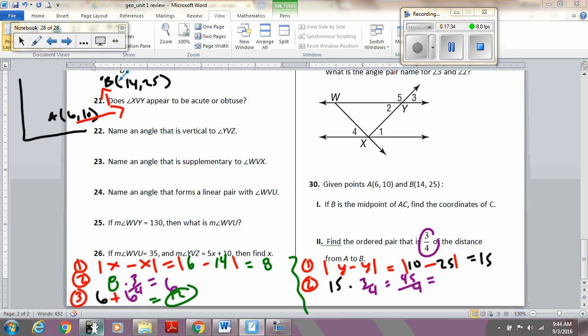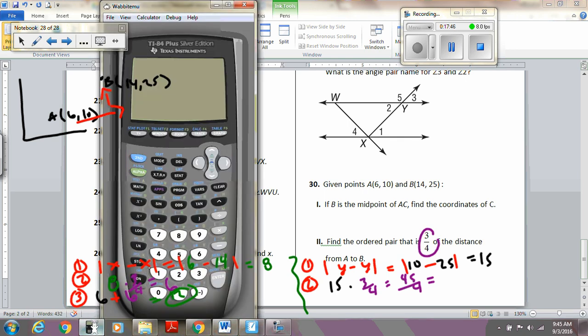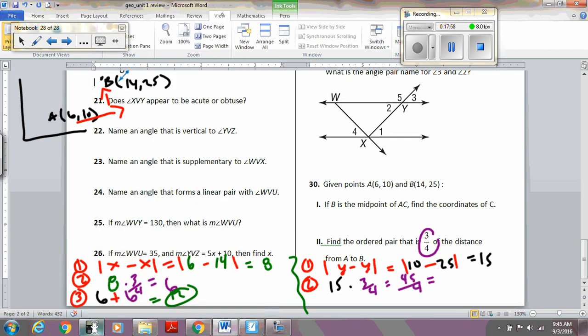I'm pretty sure it's 11.25, but let me double check. Yes.